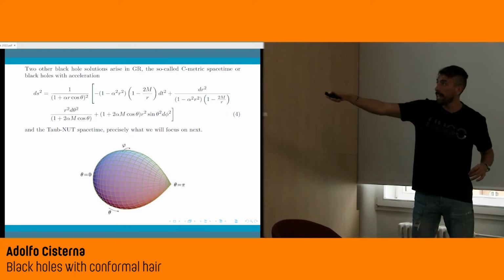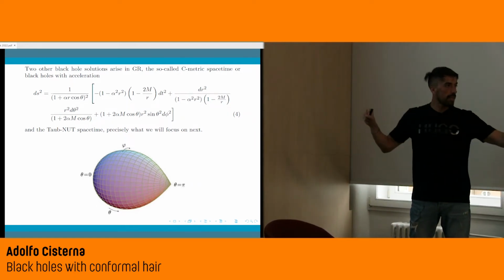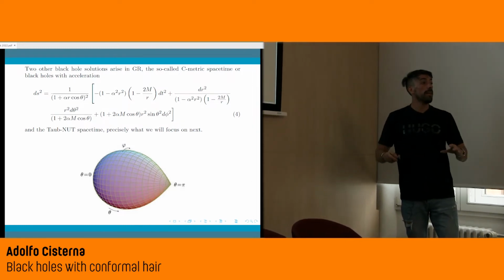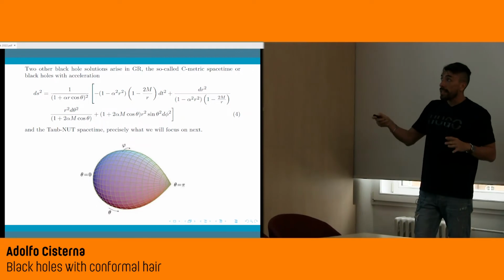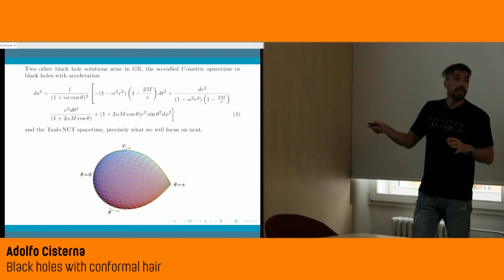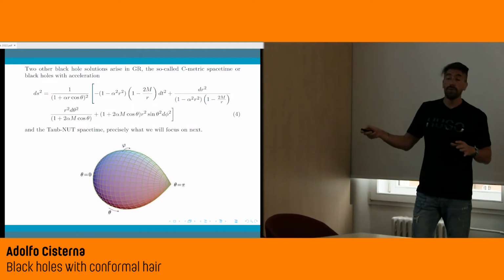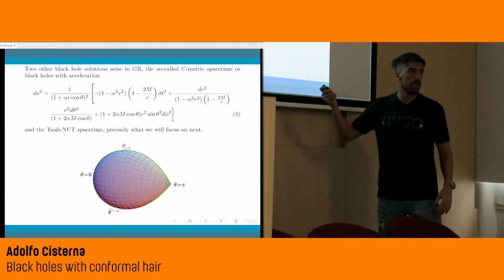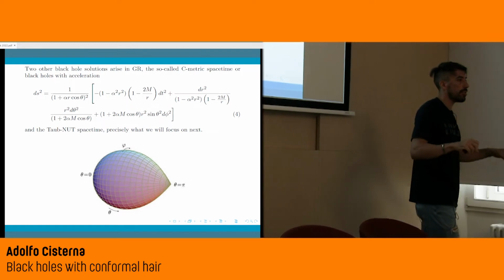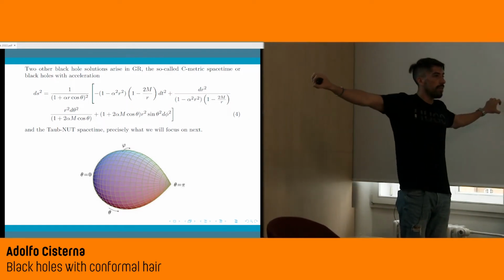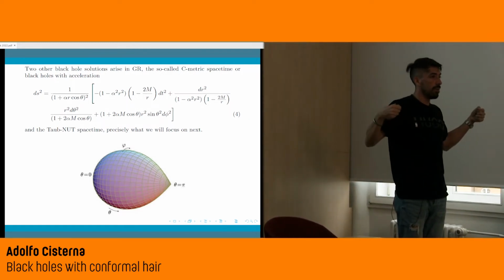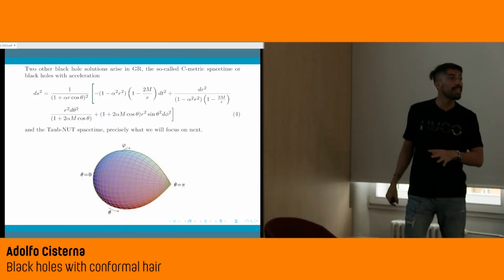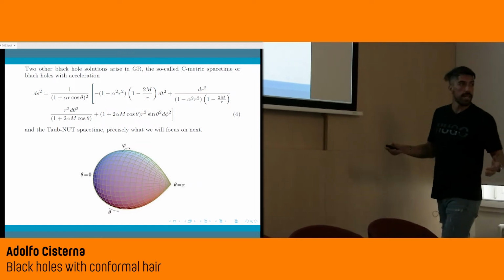Because of this defect, you understand this black hole is accelerating by the effect of this defect here at theta equal pi. If you analyze the full analytic extension of this space-time, you find that there are two black holes accelerating away from each other, pulled all the way up to infinity by these struts. Okay? This is the C-metric space-time, or space-time with acceleration.